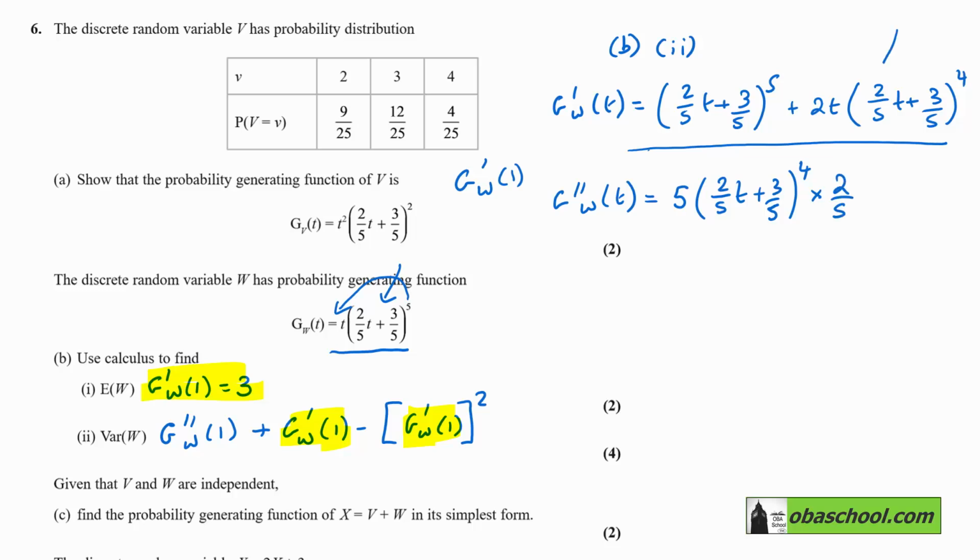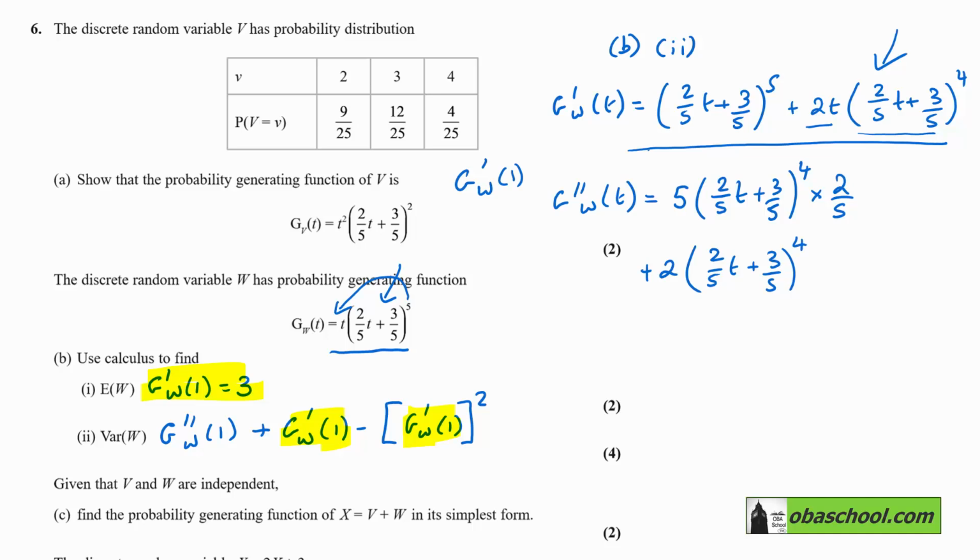And then the second term here is a product. So 2t, differentiate that and we just get 2. So it's going to be the differential of that times this. So it's going to be twice (2/5 t plus 3/5) to the power 4.